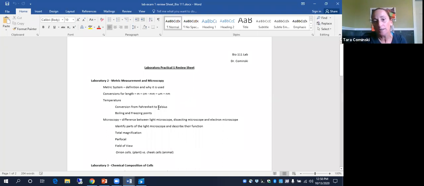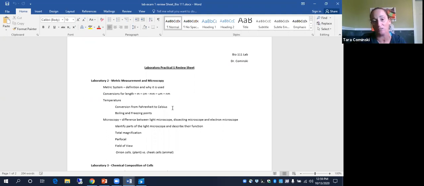For temperature, the basic conversion from Fahrenheit to Celsius, add that in. It's in all of the lab information that you guys have. I want you to work on this together, filling this in using all of the information you have. Most of it's already on Moodle, plus the lab reports and the labs that you filled out.